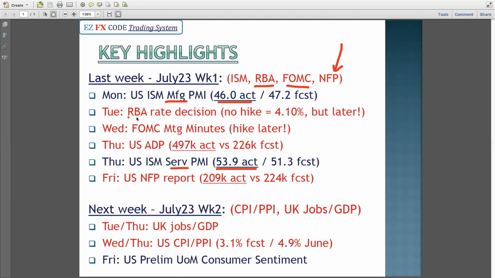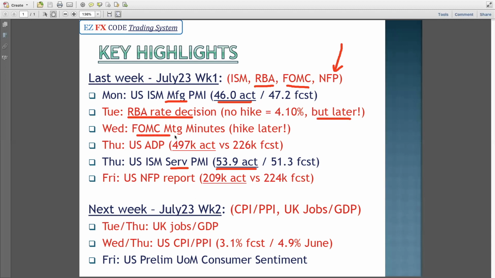And on Tuesday, the RBA rate decision was no hike as expected, but indicated there could be further hikes in future months, could be in September.